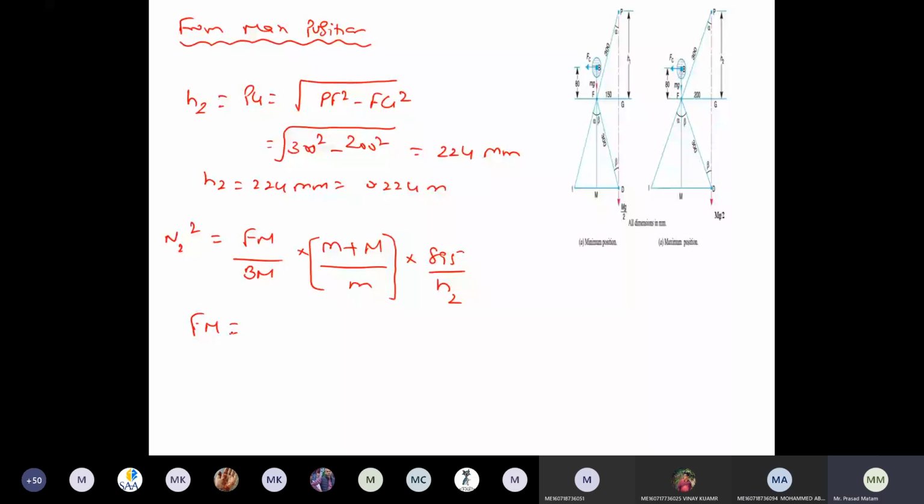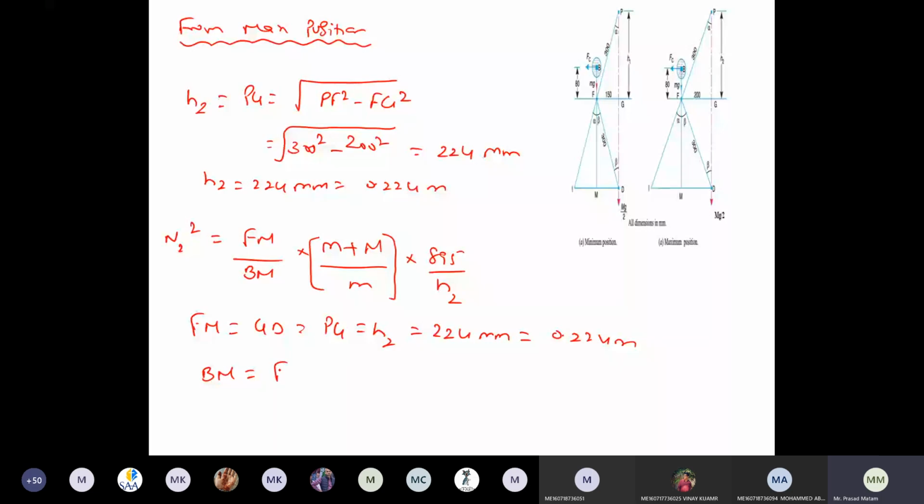224. FM is nothing, right? FM is equals to the term GD, that is equals to the height of the governor, PG, that is equals to H2, that is equals to 224 mm, 0.224 meter. Now try to find out the BM value. 304, sir. What is BM? 304. 80 plus 224, right?